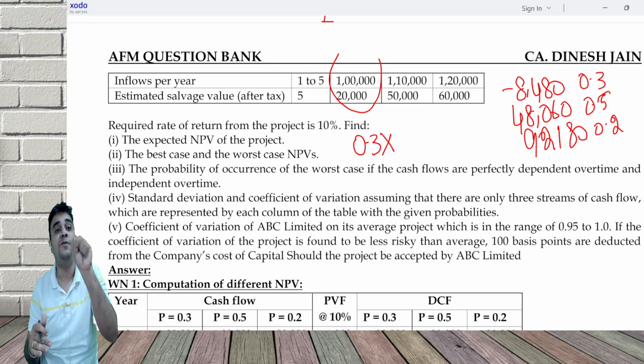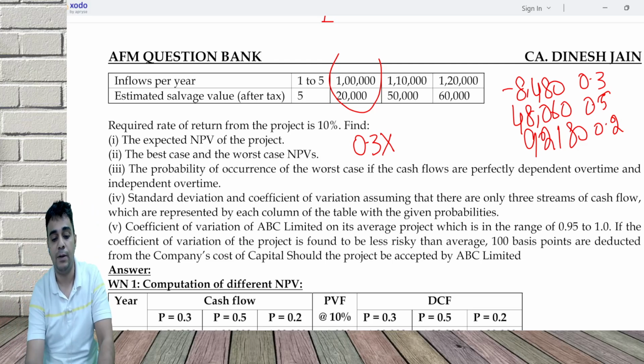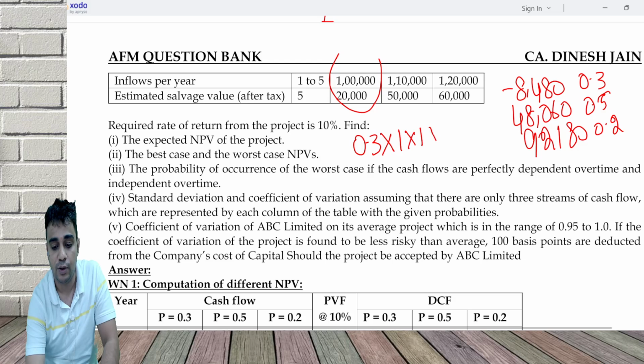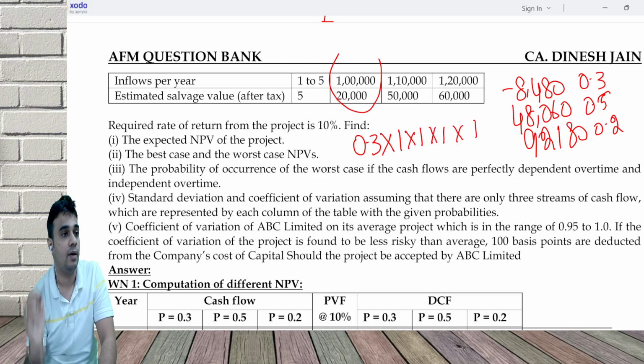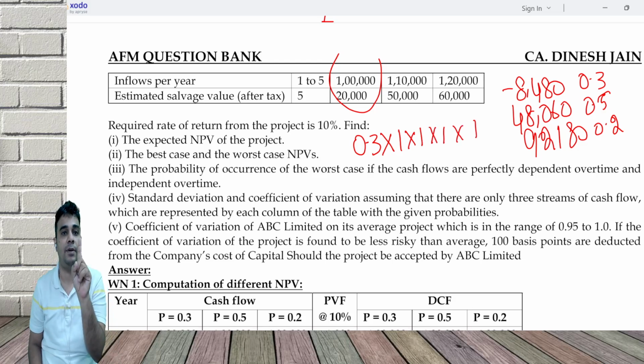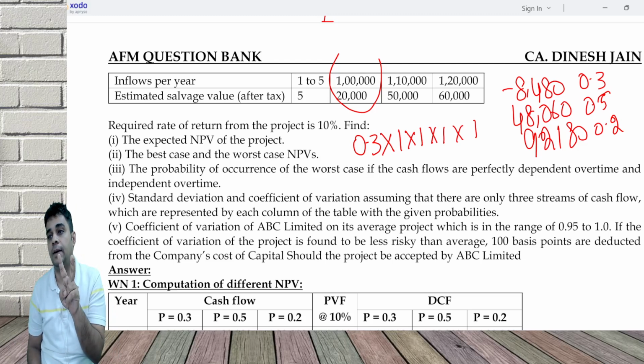So in 5 years, if this has to happen, 0.3 into 1 into 1 into 1 into 1. That is, 0.3 is the first year probability, second year probability is 1, third year is 1, fourth year is 1, fifth year is 1. Why this? Because dependent means worst will continue to be followed by the worst cash flow.